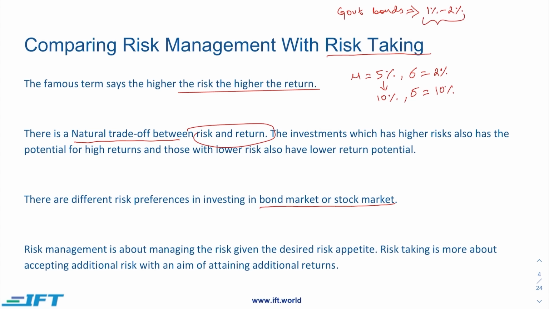So you are getting a lower return, but you are sure that the government is not going to default and you will get your principal and the desired return, which would be on a lower side because of the surety that you are getting.